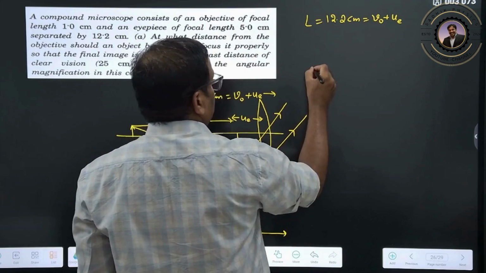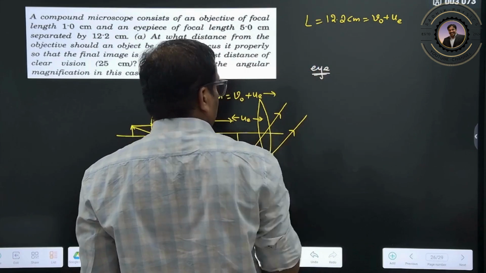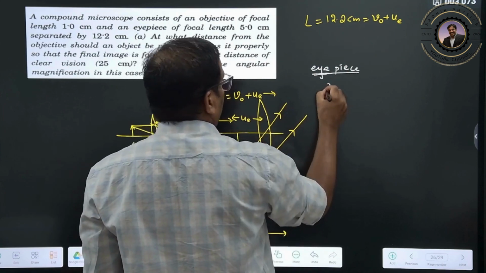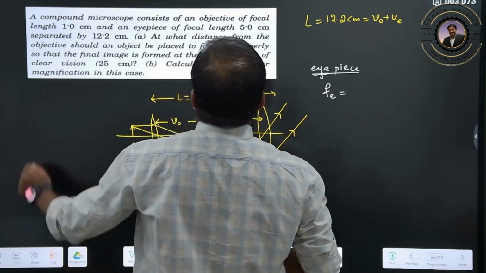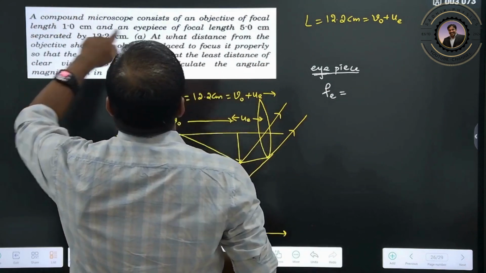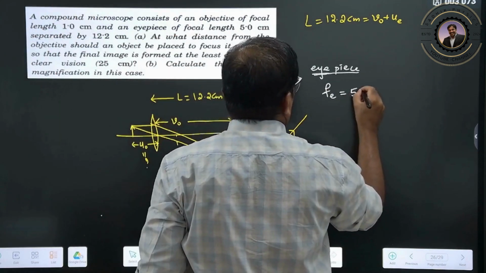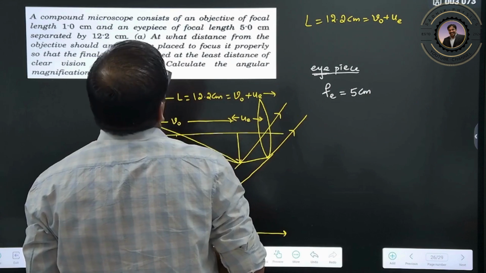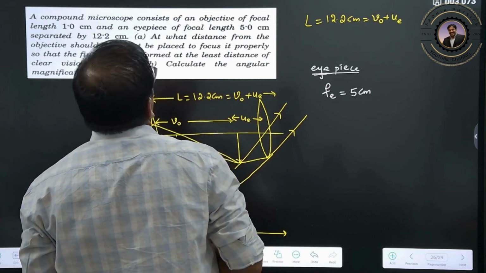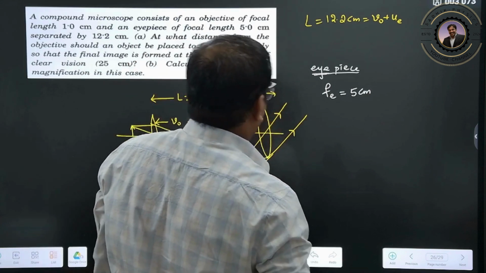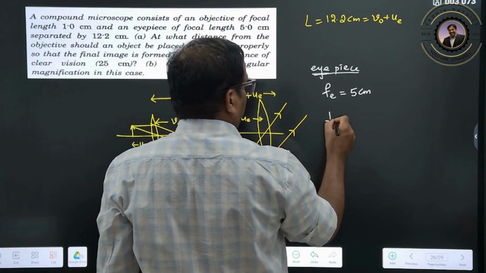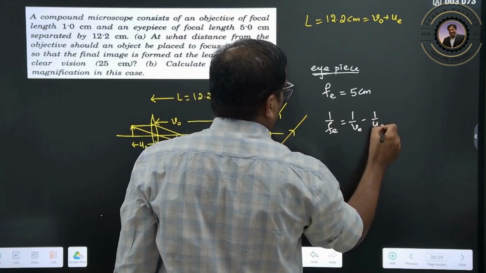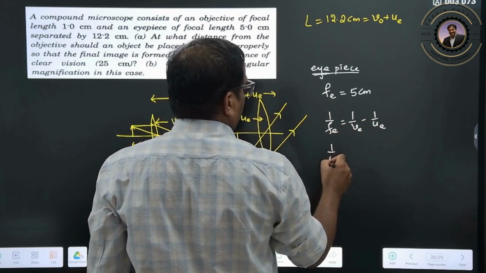Therefore, for the eyepiece, the focal length of your eyepiece is given as 5 centimeter. Clear? So, 1 by F_E is equal to 1 by V_E minus 1 by U_E. So, 1 by F_E is nothing but 1 by 5.